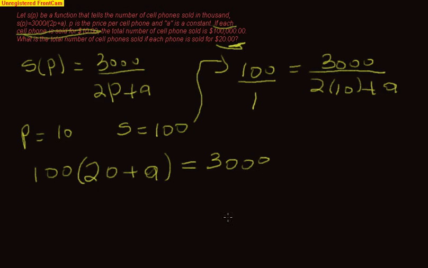Everyone can see that, right? We just did a cross multiplication here. But it works though. There's nothing to prove that it doesn't work.